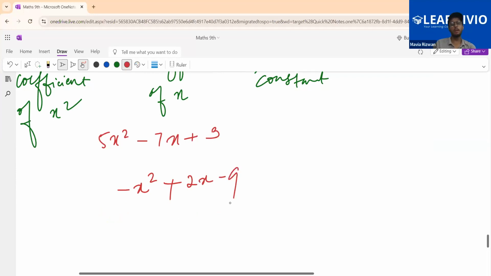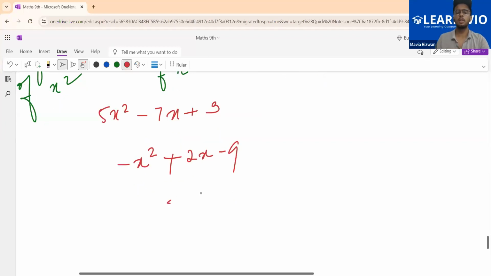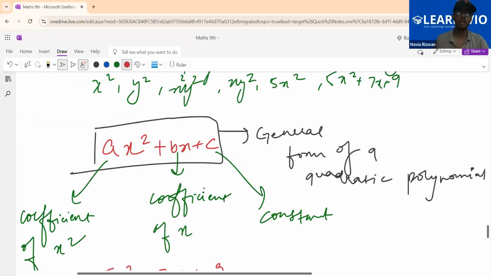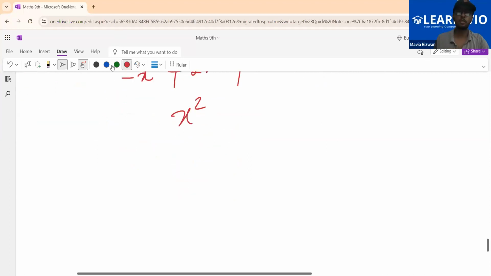Now tell me a, b, and c. A is minus 1, B is 2, and C is minus 9. Correct. Now the last one, x square. What is a, b, and c in this? A is 1, B is 0, C is 0. Okay, correct. So that your basics are clear. So this is the general form of a quadratic polynomial.